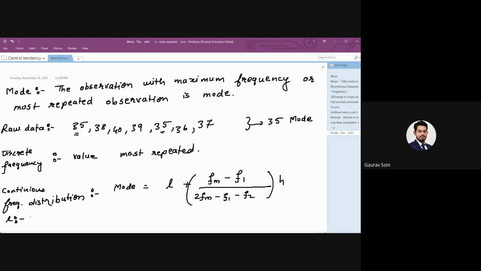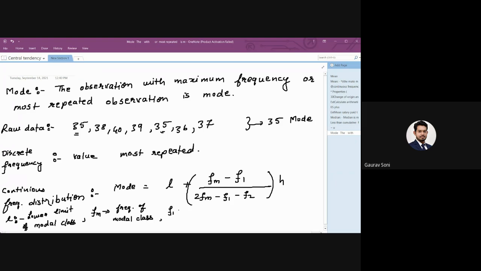L is the lower limit of the highest frequency class, which is called the modal class. And how will you declare a modal class? A class with the highest frequency. L is the lower limit of the modal class. Fm is the frequency of the modal class.